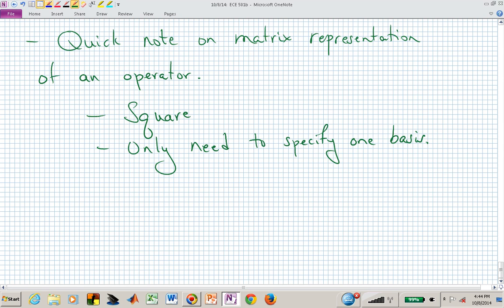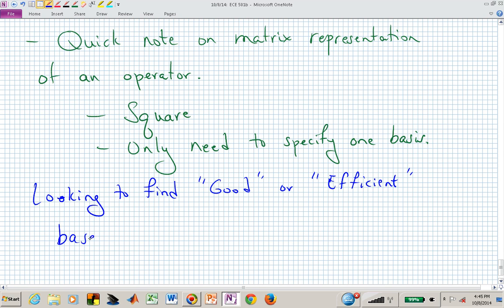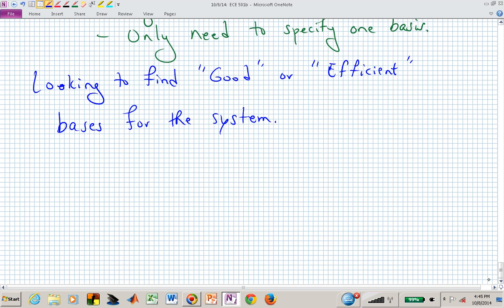What we're doing is we're looking now to find good or efficient bases for the system, or really the operator.